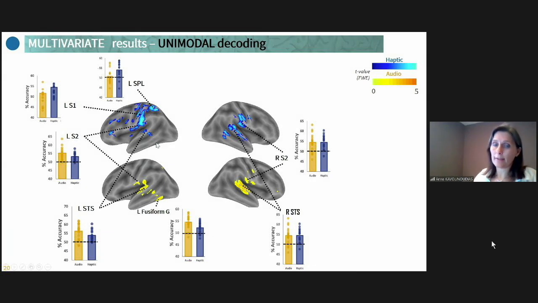So for the haptic texture, it seems to be coded in S1, in the superior parietal lobule, SPL, in S2, of course, bilaterally, and also STS. For the auditory texture, it seems to be coded in STS, bilaterally, but also S2, and the left fusiform gyrus.